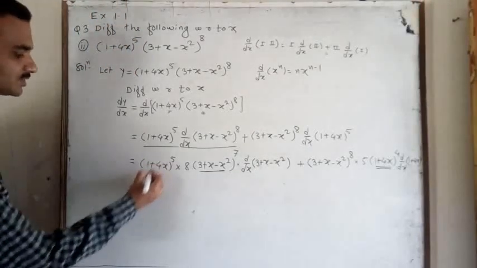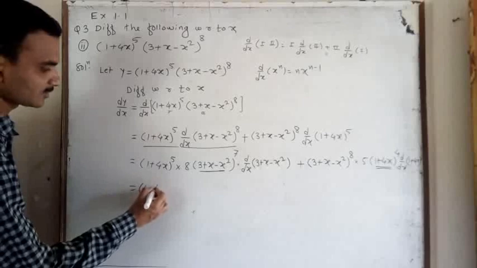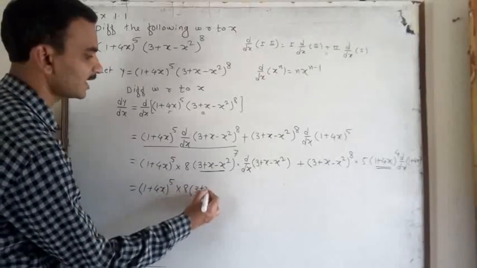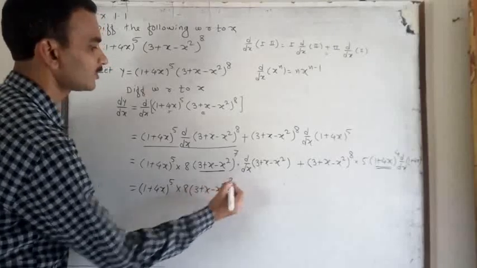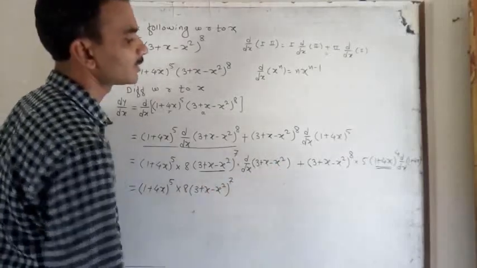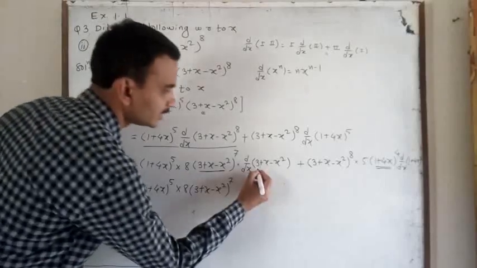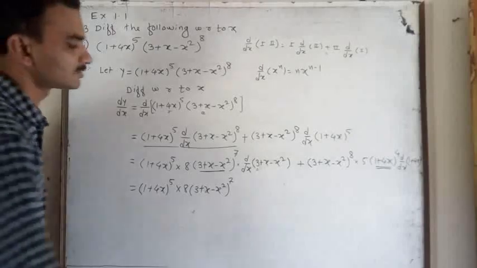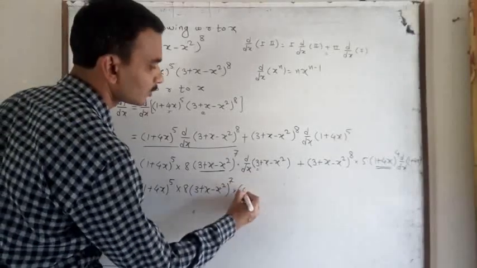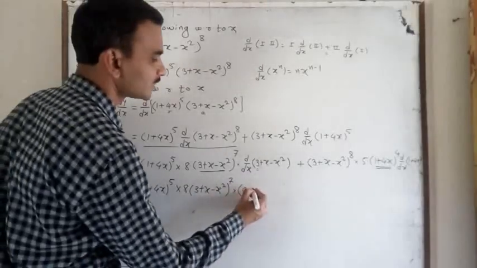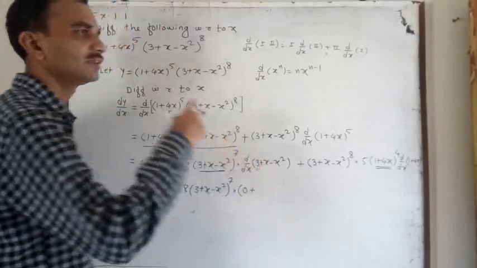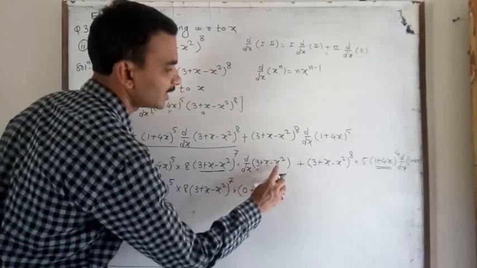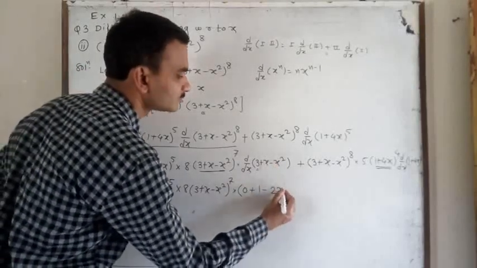Therefore we solve this step: 1 plus 4x raised to the power 5 into 8, 3 plus x minus x square raised to the power 7, and derivative of 3 plus x minus x square is: derivative of constant term is 0, plus d/dx of x, derivative of x with respect to x is 1, and minus derivative of x square is 2x.